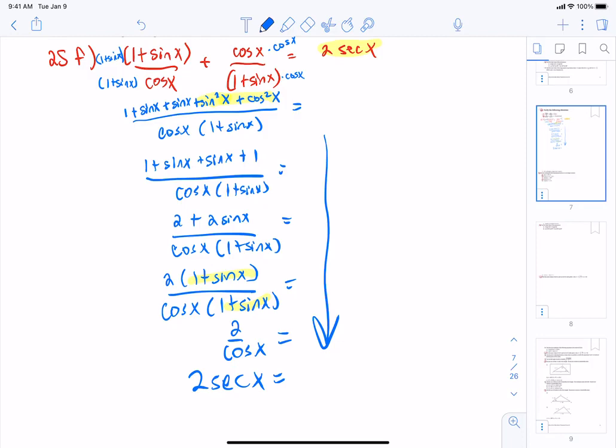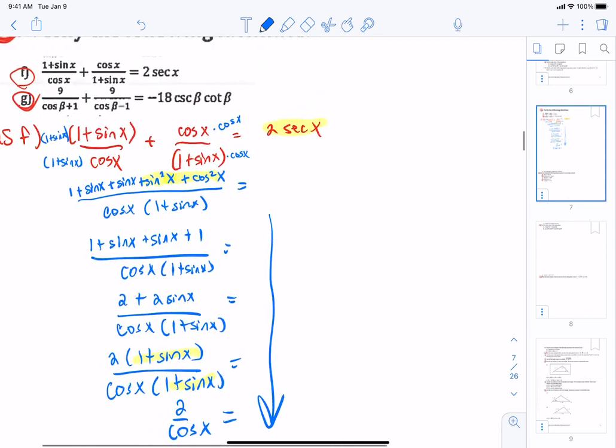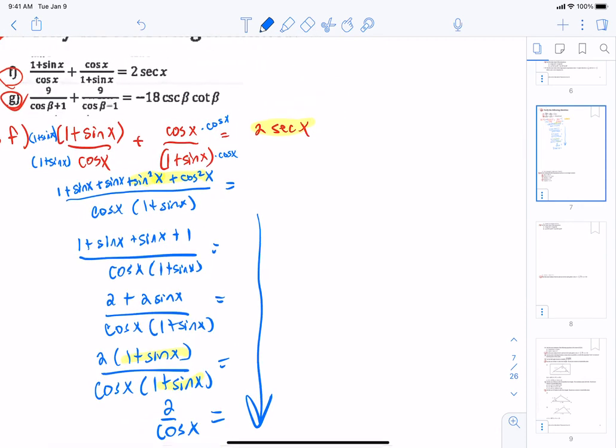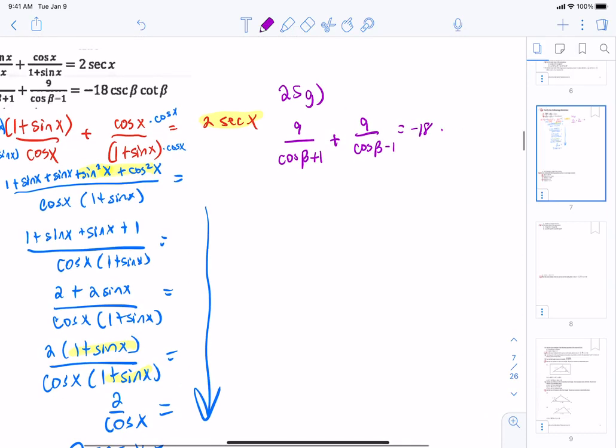So there's 25F. Now let me write down 25G. I'll write it over here. Okay.